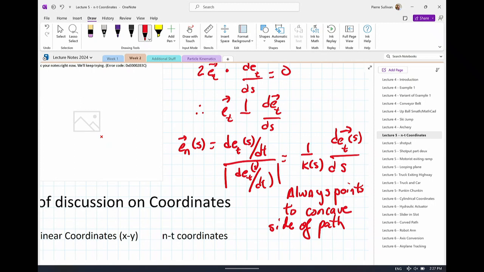And it always points to the concave side of the path. Okay, so I got kappa s, I've got dEt ds. I still haven't really written out my acceleration terms yet.